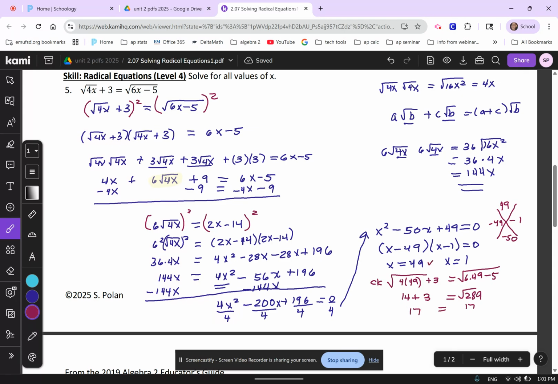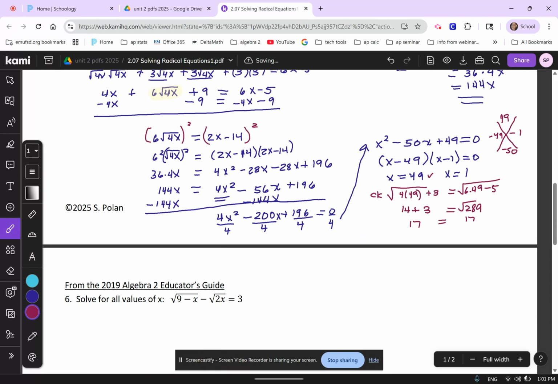So we know the 49 works, and now we're going to try the 1. So we're going to check 1. So we substitute in 4 times 1 plus, well, the 3 is on the outside. So square root of 4 times 1 plus 3, is it equal to the square root of 6 times 1 minus 5?